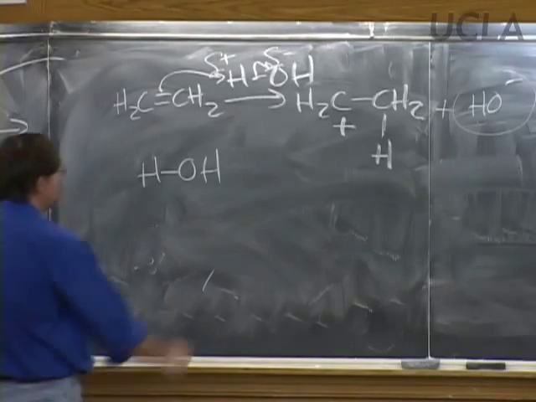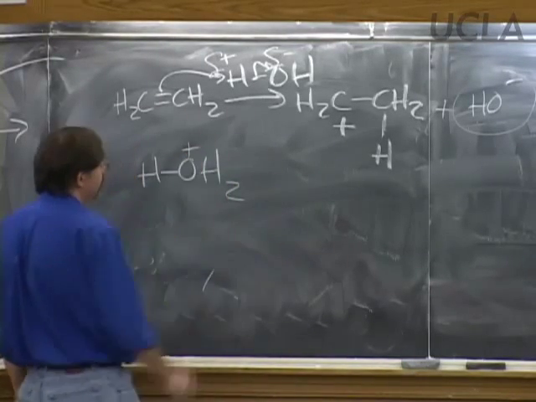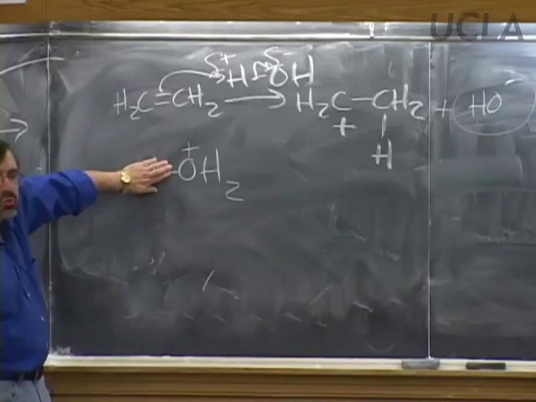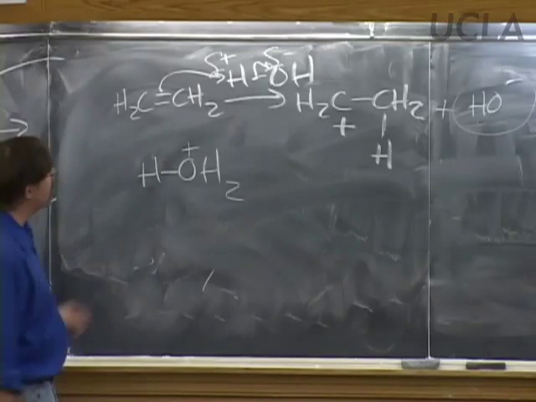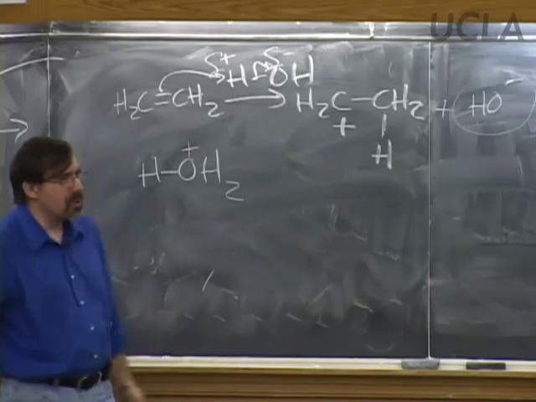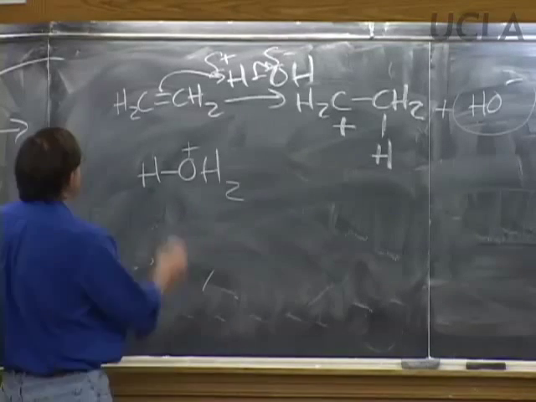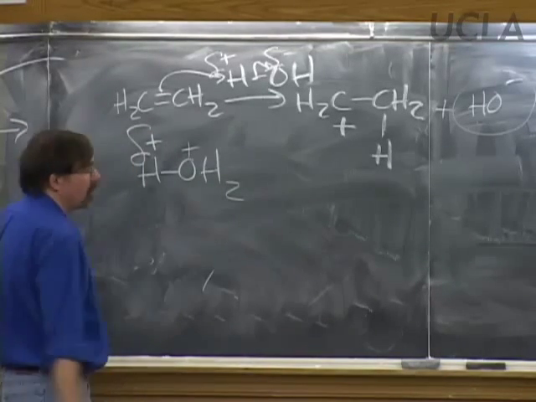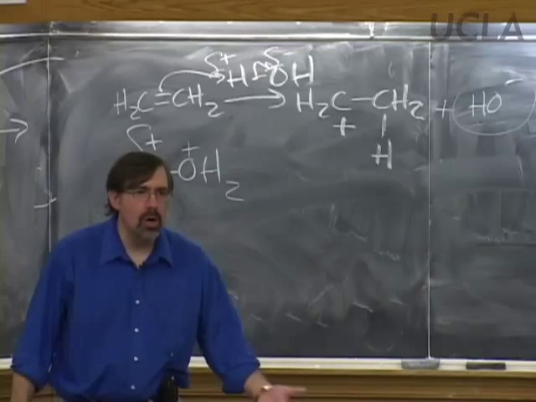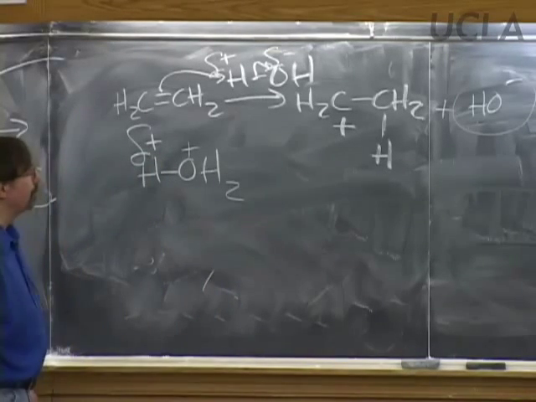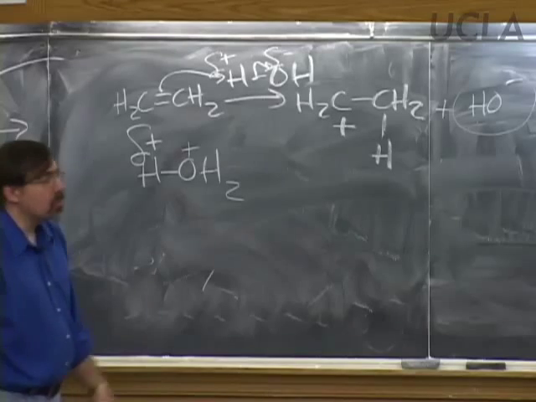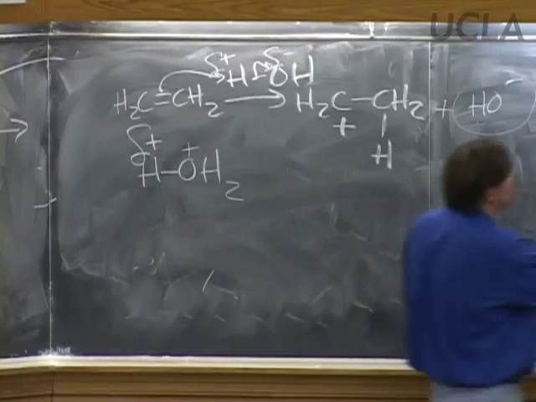If I have a proton on here instead, now you've got a much weaker conjugate base, more inclined to leave. On top of that, because now this oxygen is burdened with a full positive charge instead of neutral, it's much more electron deficient, so the delta plus is bigger. In other words, H3O plus is a stronger acid than water. Turns out H3O plus will react with alkenes.